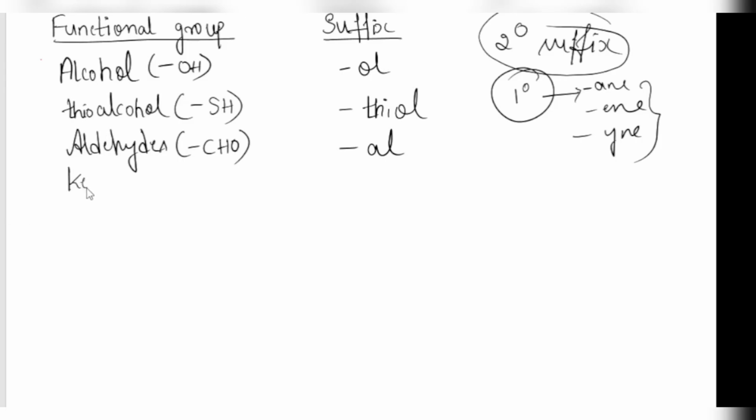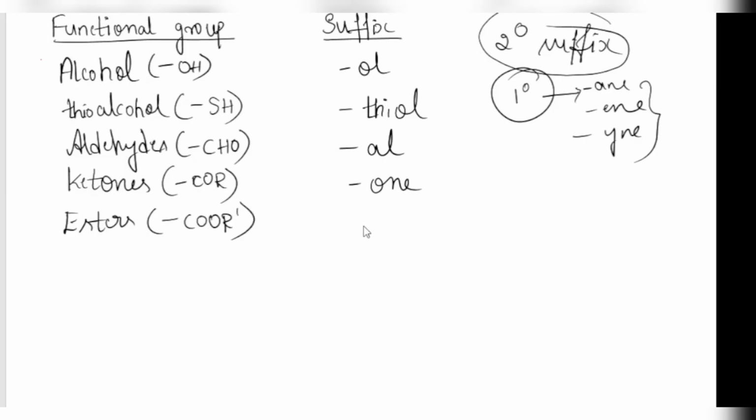Then we'll take ketones. Ketones can be represented by RCOR, with a C double bond O. The suffix is ONE, we have to use one. Then esters, carboxylic esters, which can be represented by COOR', and for this we use the suffix OATE.